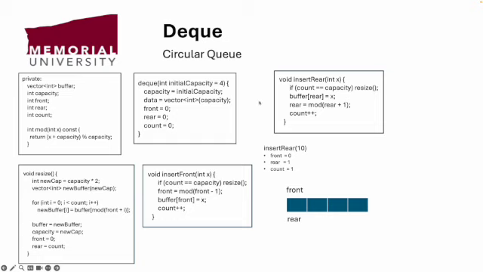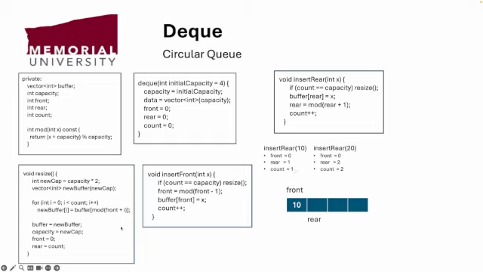We don't resize. The initial capacity is 4. So the back is at this position. Put a 10 here, and then the back will be changed from 0 to 1. Count plus plus, count equal to 1.